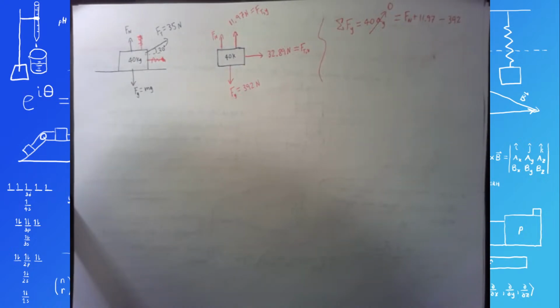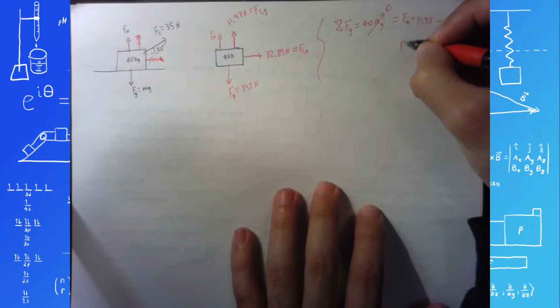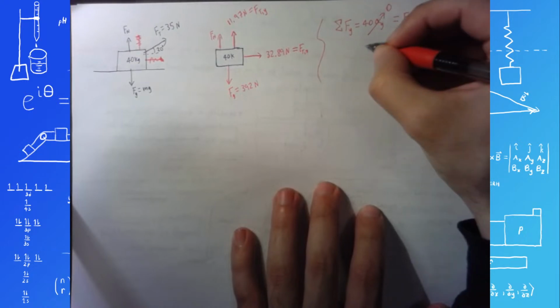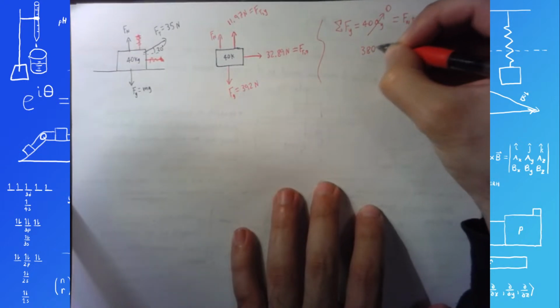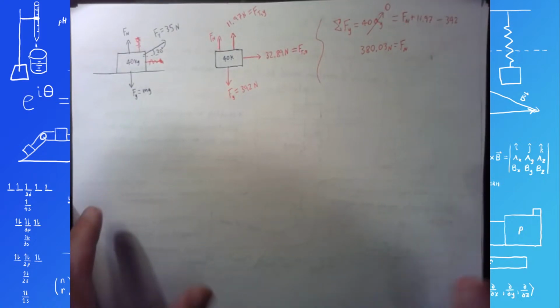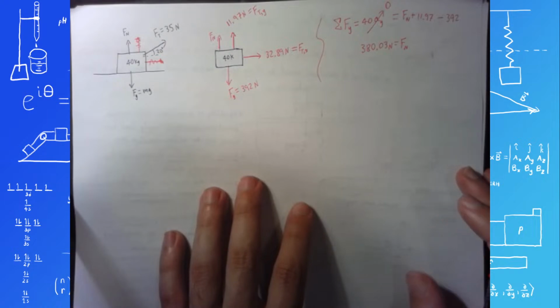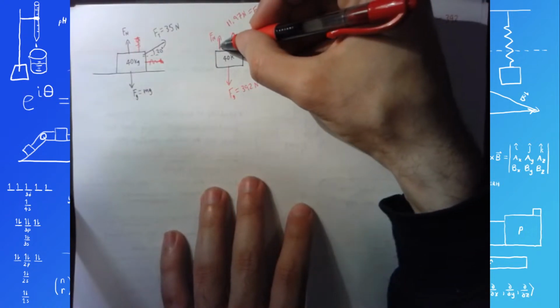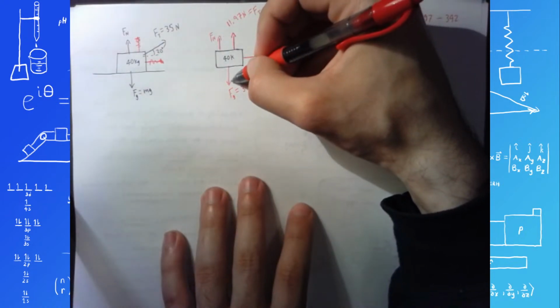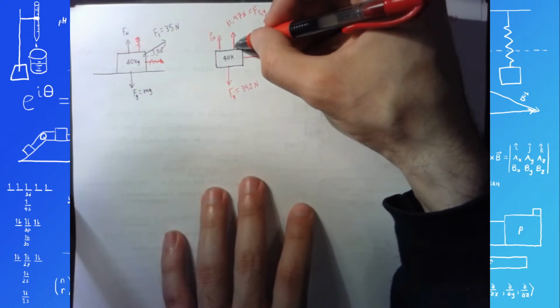392 minus 11.97 is 380.03. So normal force is equal to 380.03 newtons. Not quite equal to the force of gravity. In fact, if I really wanted to draw this to scale, I would redraw the normal force almost as long as the gravitational force, and I would draw this force of tension y really, really tiny.